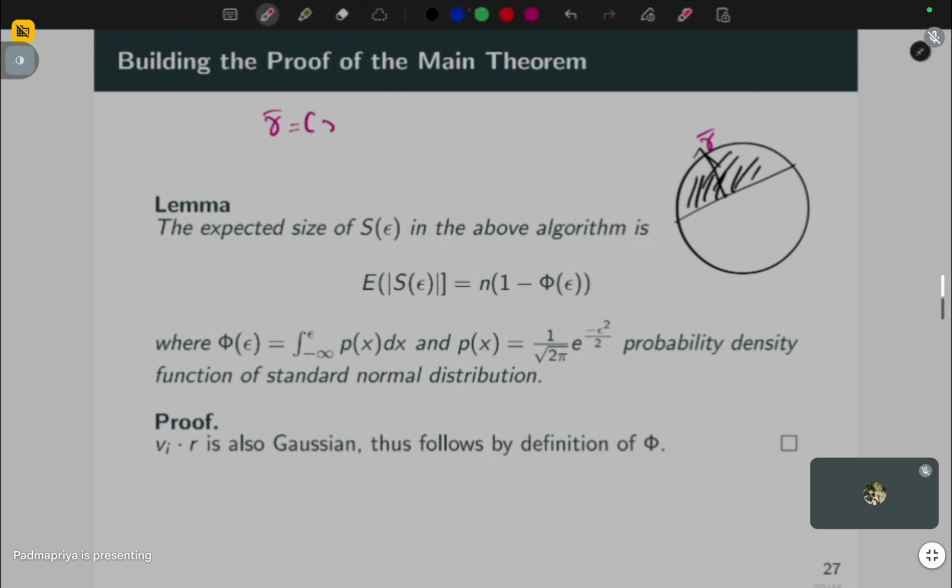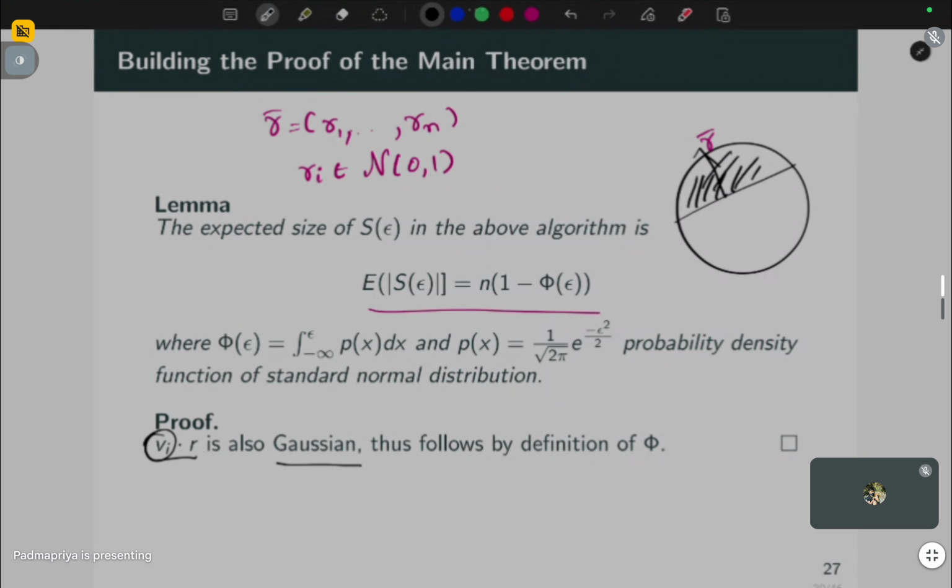What I mean is R1 to Rn, it has n components, and each of these Ri is from a standard normal distribution, mean 0 and standard deviation 1. So this is just the probability density function of a standard normal distribution, and this is what we are claiming. Why? It's because this is also Gaussianly distributed.